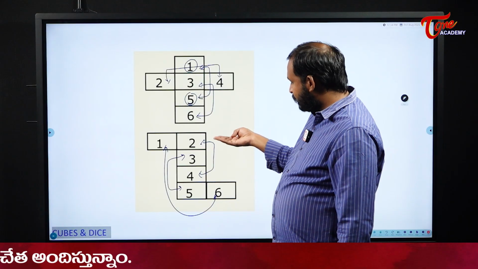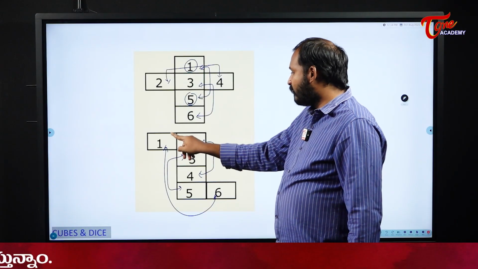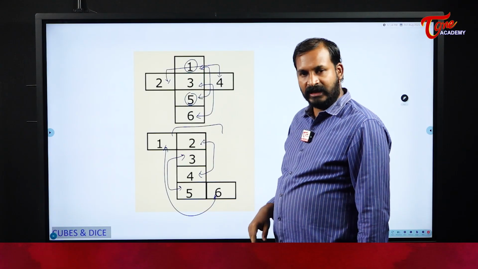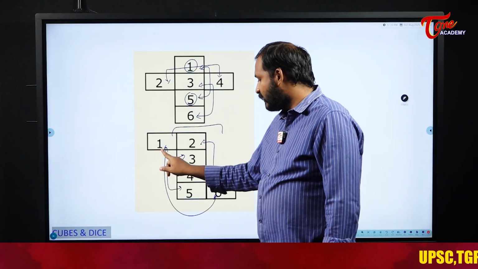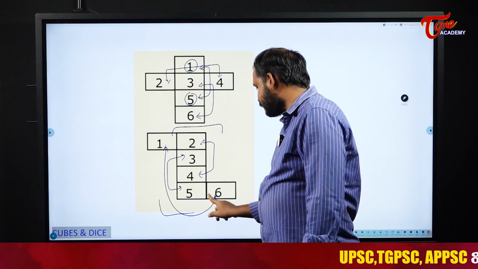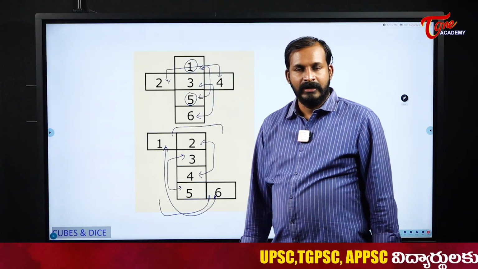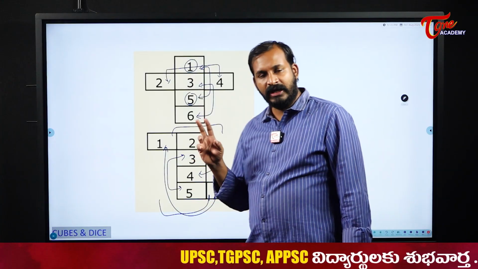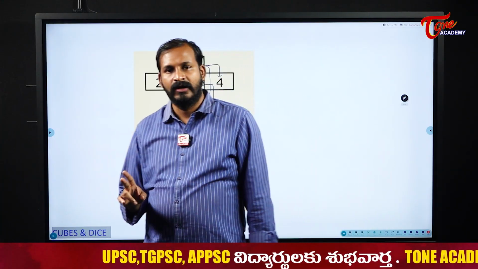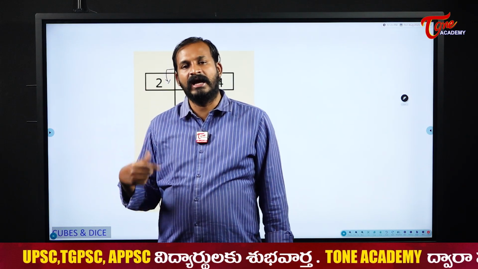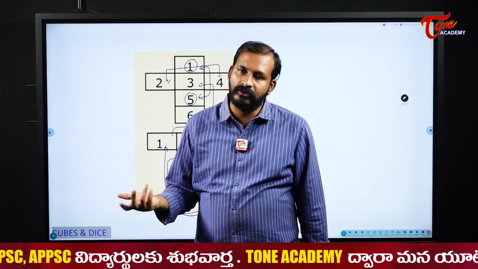If I increase this 6 and put it here, then 1 and 6 are opposite to each other, right? That is one case. Or if I lower this 1 and write here, then 1 and 6 are alternate here. Anyway, need not worry, if you were able to identify 2 opposite pairs, then the remaining 2 will be opposite to each other.